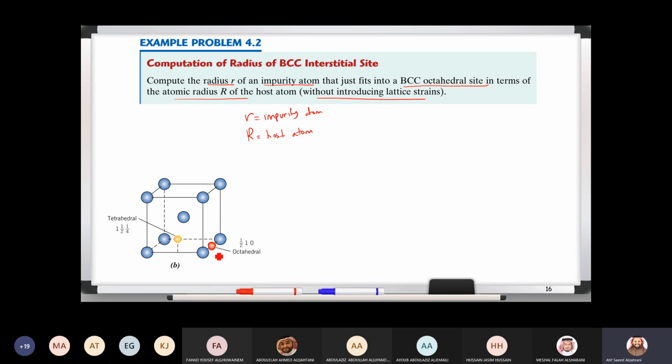So if you look at this exact line, it will be something like this.